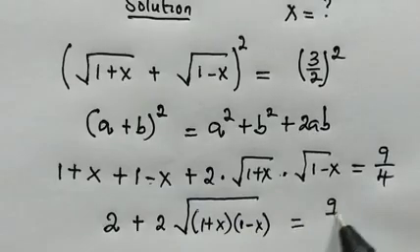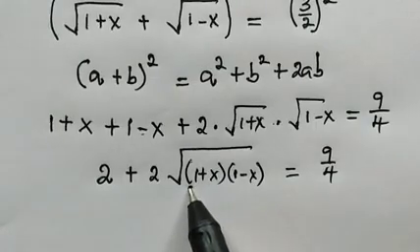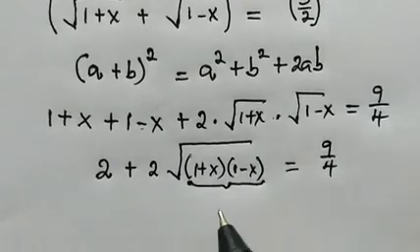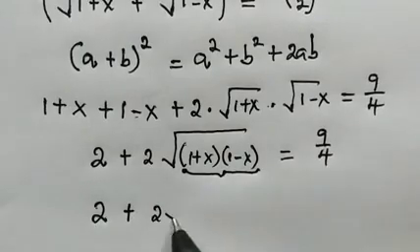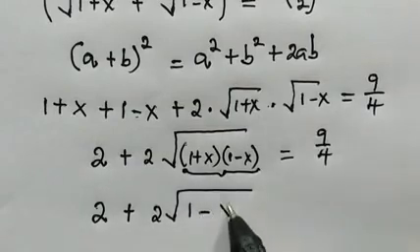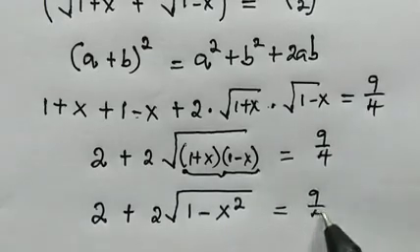This will be equal to 9 divided by 4. If you look at this carefully, you will observe that we have the difference of two squares. So we get 2 plus 2 times the square root of 1 minus x squared, and this will be equal to 9 all over 4.